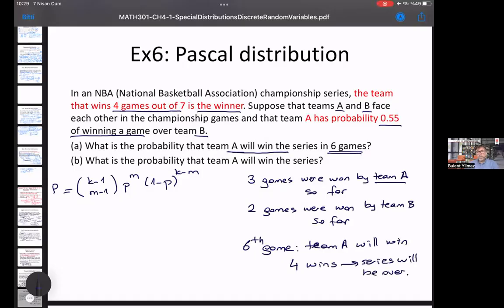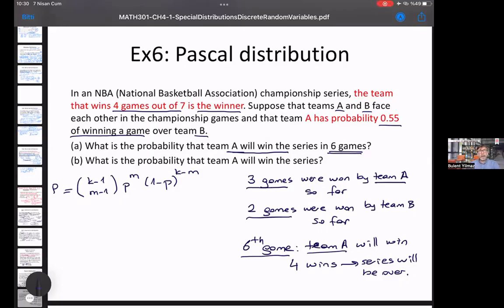Is that clear, guys? Is that clear right now? Team A will win 3 games so far. Team B will win 2 games so far. And in the 6th game, team A will win, so that they will reach 4 out of 7 or 4 out of 6 or 4 out of 5, 4 out of 4.